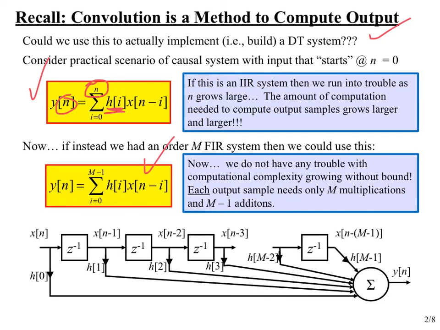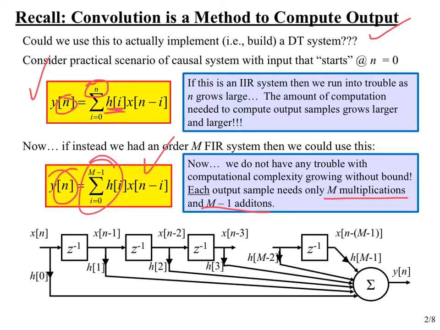Notice that regardless of the value of n, we always have just m terms in our sum, so the computational complexity is fixed, and we would need only m multiplications and m minus 1 additions. We have m terms in the sum that each require multiplication of an h term times an x term, so that's the m multiplications. And then we have m things to add together, so that requires m minus 1 additions.